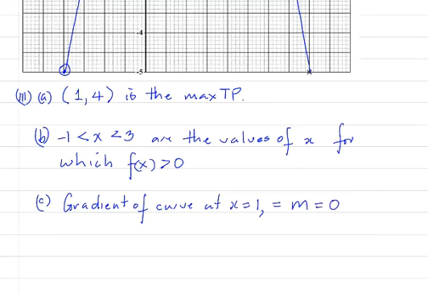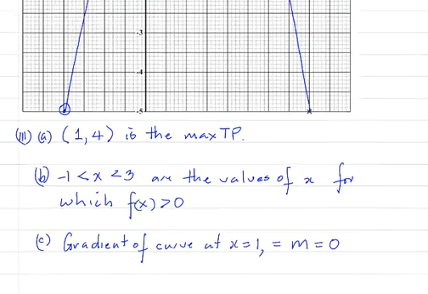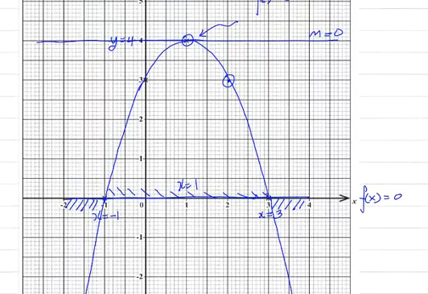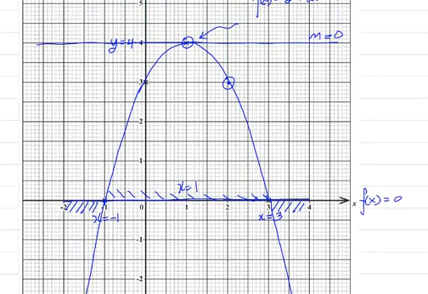So the gradient of a curve at a stationary point or at the turning point, here, when x is equal to 1, the point where x is equal to 1 on the curve is the turning point. The tangent at the turning point is a horizontal line. The gradient of a horizontal line is equal to 0.